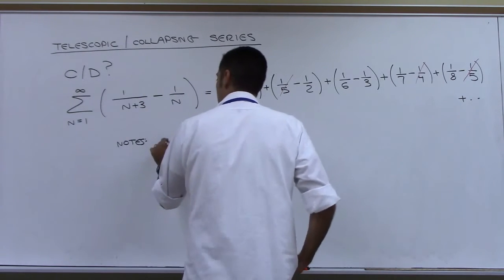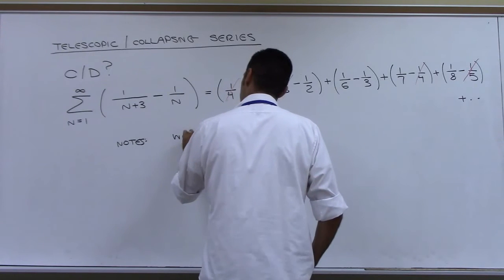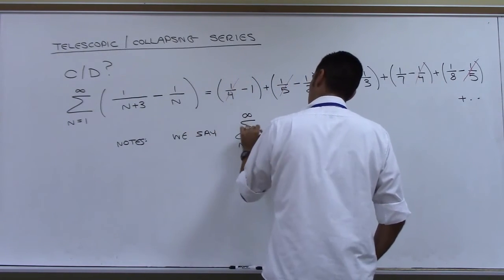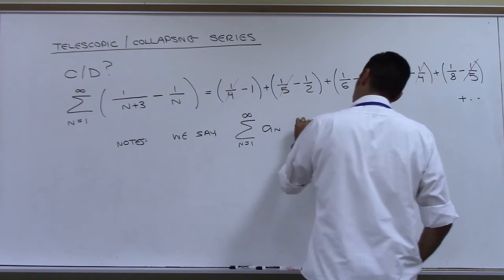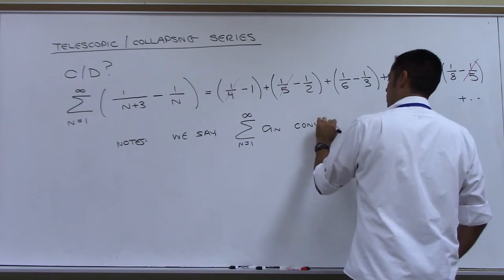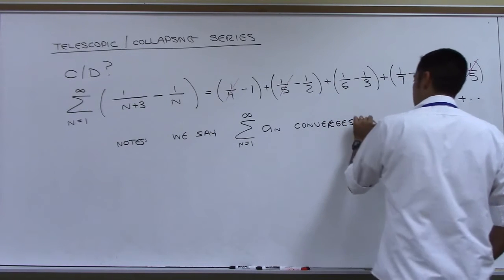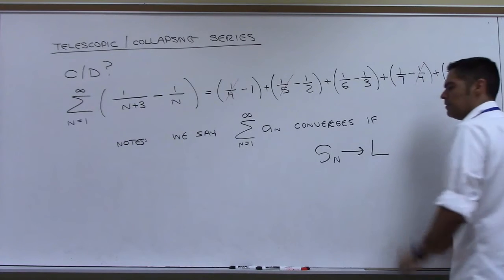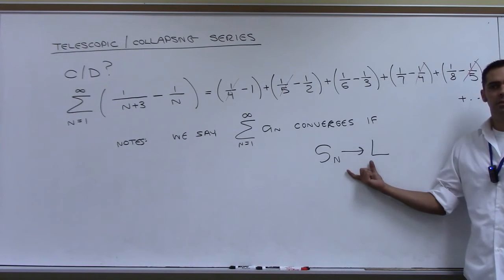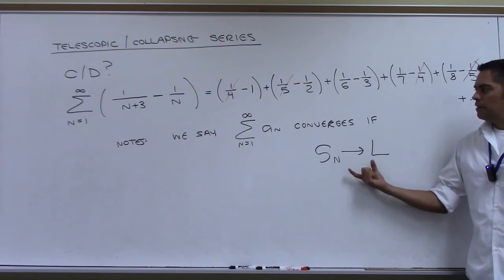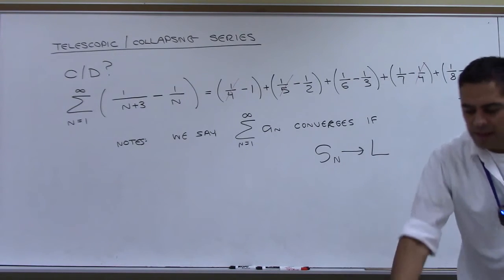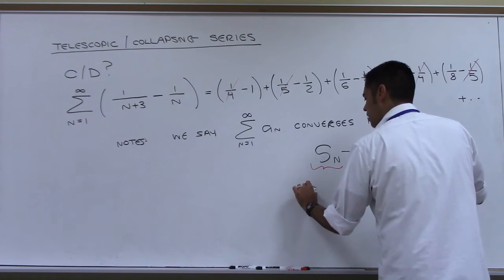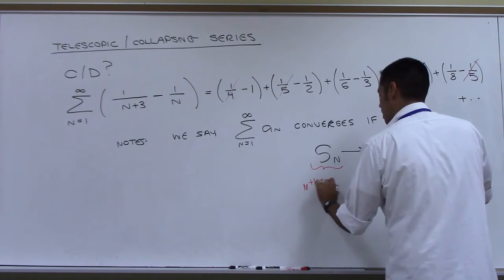It said something like, we say a series converges if S sub n goes to L. If you go back in your notes, you'll see this somewhere. If S sub n goes to L. And this S sub n right here was what we called the nth partial sum.